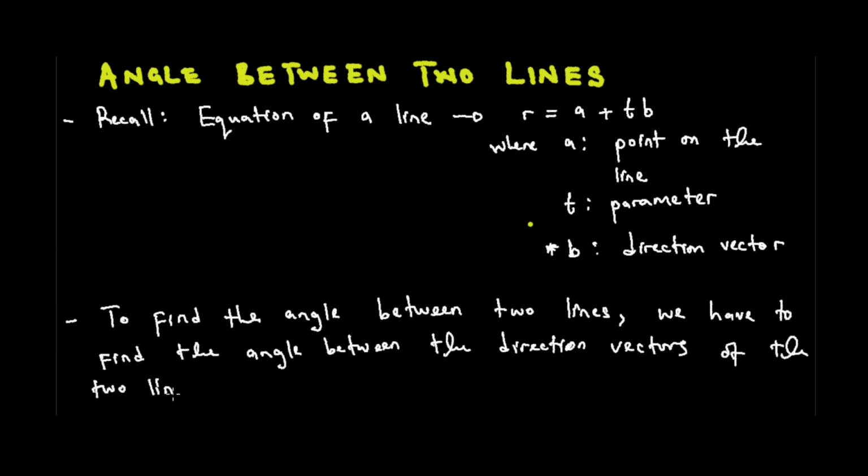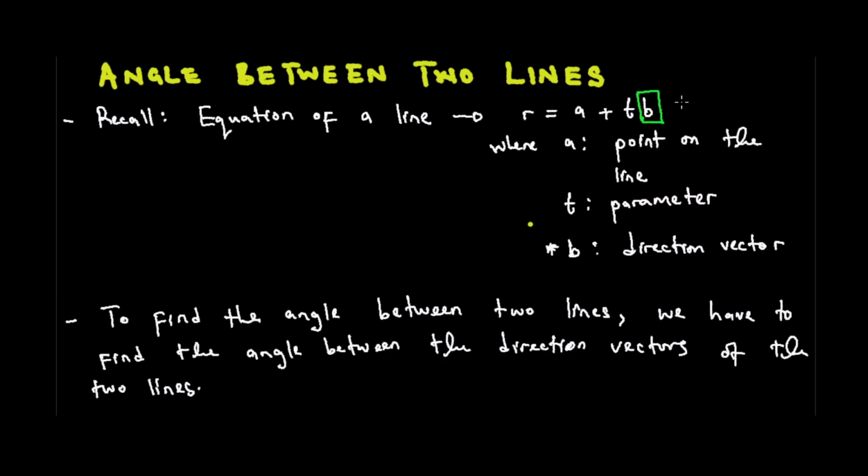What do we mean by this? What we are saying is that when we are finding the angle between two lines, what is very important is the direction vector. So finding the angle between two lines is the same as finding the angle between the direction vectors of the two lines.